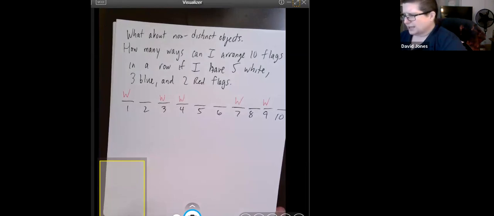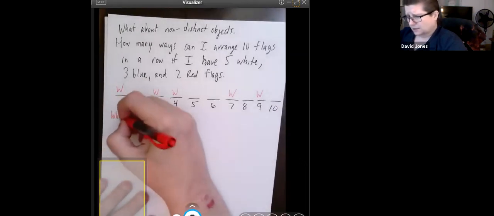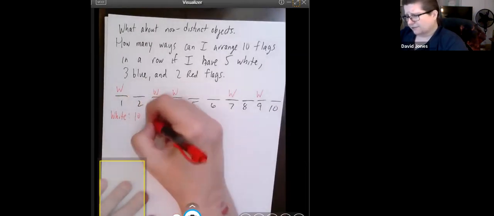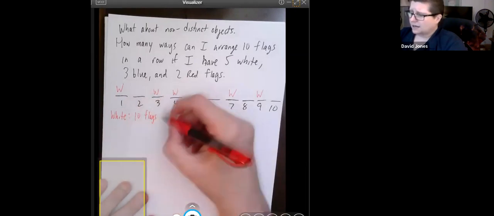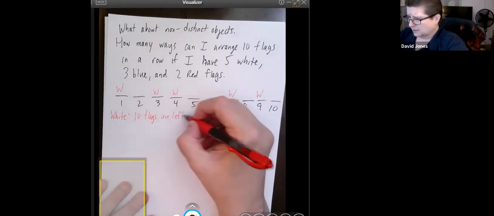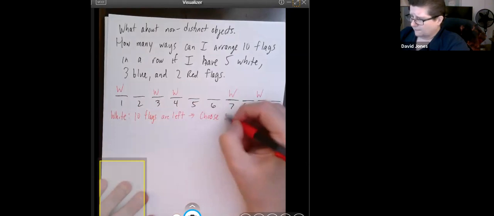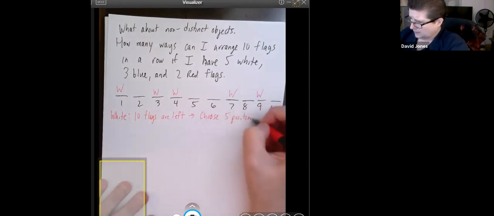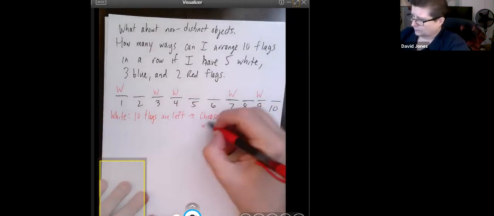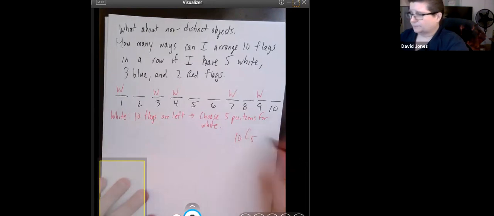I have 10 flags, and I am choosing 5 positions for the white. That's going to give me 10 choose 5.